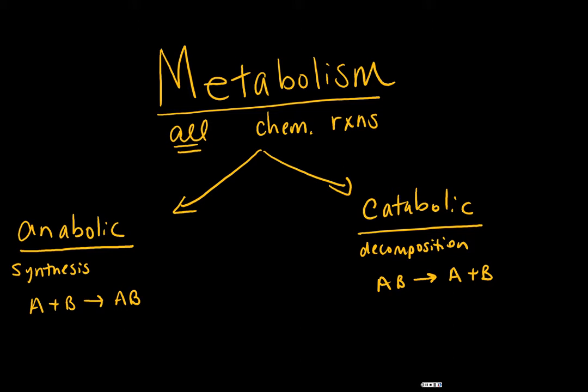And notice that these are opposite reactions of each other. So in the catabolic reaction, we're going to eat our food and break it down into pieces and parts. And then we're going to take those pieces and parts, our nutrients, and do anabolic reactions to build the molecules that our cells actually need.